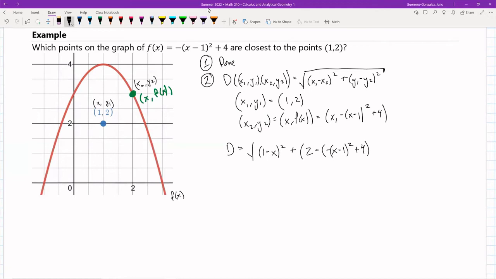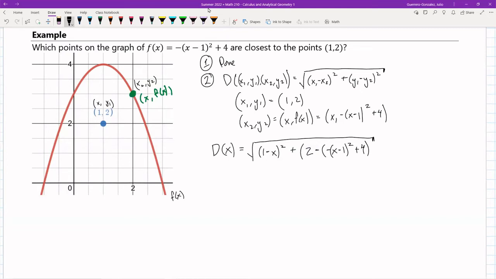And now I can make this nice and tiny. There we go. Bam. Okay, and look what we have now. Everything is in the variable x. So now we have d of x is equal to this equation right here.